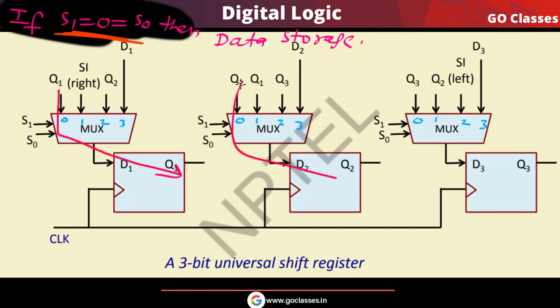Similarly here, q2 means the present output will be the next output. Here q3 means the present output will be the next output. So you can very easily see that when s1 equal to 0 and s0 equal to 0, nothing is changing. The register will retain its data.